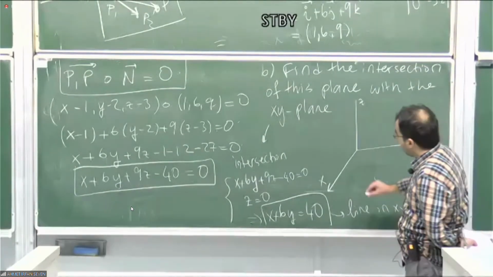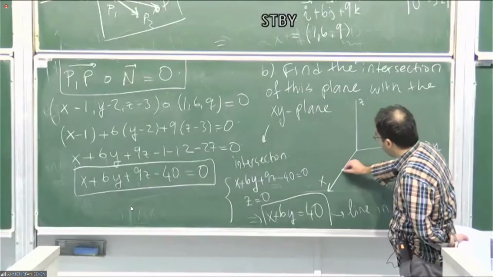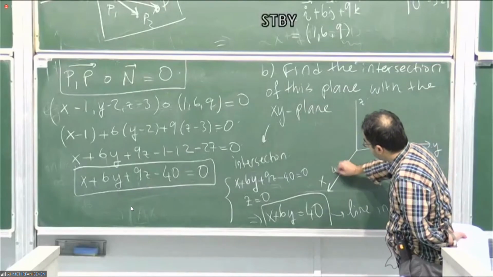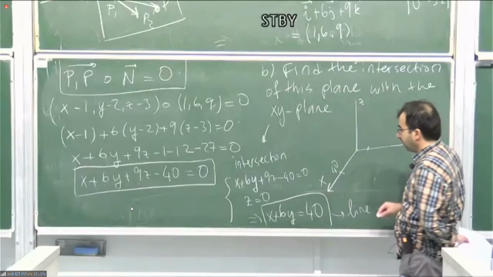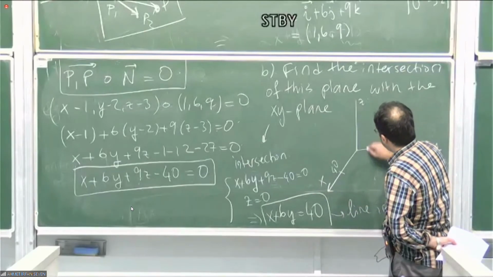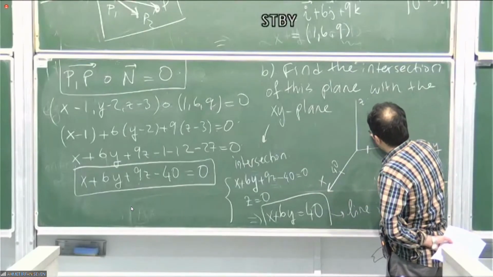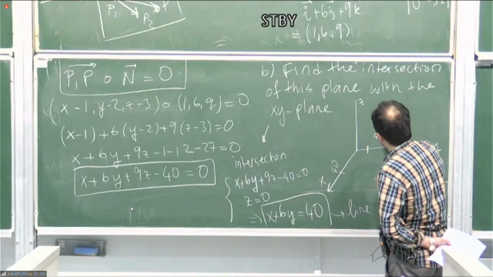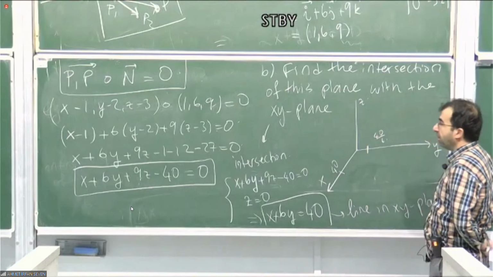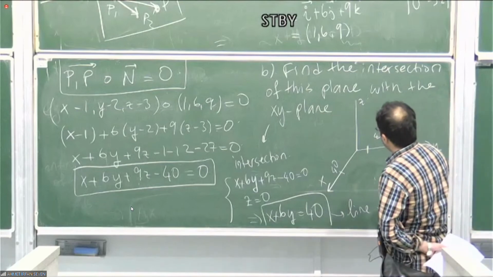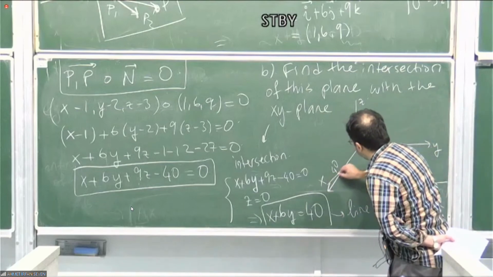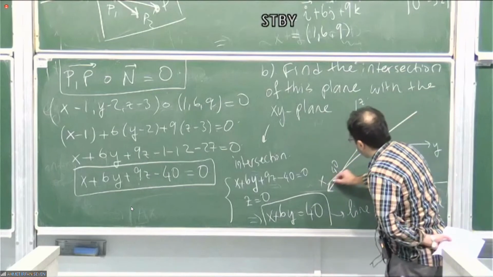So let's draw this line. x will be equal to 40, and I find the intercepts of this line. y will be 40 over 6. Okay, and yeah, so the intersection will be a line, something like that.